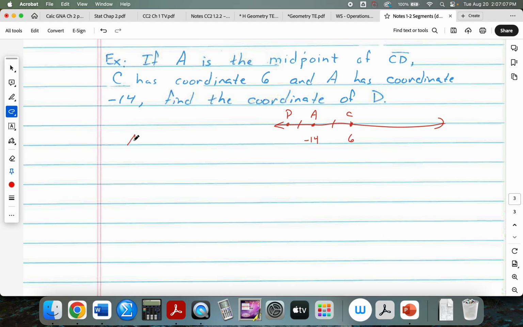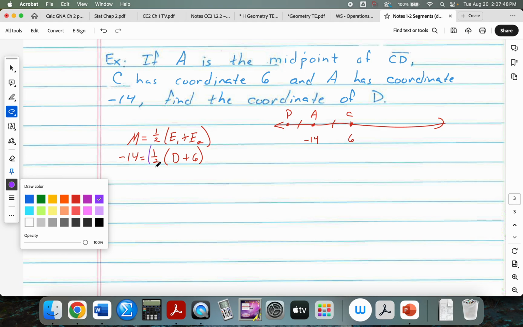So I'll use my formula. The midpoint is half of endpoint 1 plus endpoint 2. This time I know the midpoint. So I've got negative 14 is half. The one endpoint I don't know, I'm going to just call it D since that's its name, plus 6. Just like I showed you yesterday in class, I get rid of the 1/2 immediately.